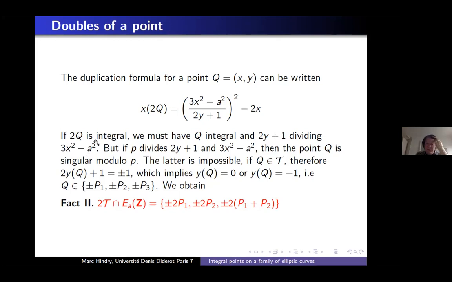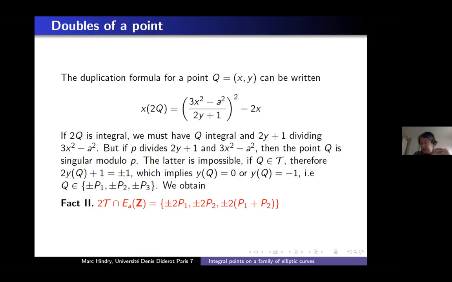So if 2Q is integral, then the point Q has to be integral. And looking at the equation, we see that 2y plus 1 has to divide 3x squared minus a squared. Now, if some prime divides 2y plus 1, it would have to divide the 2, and then the point would be singular.